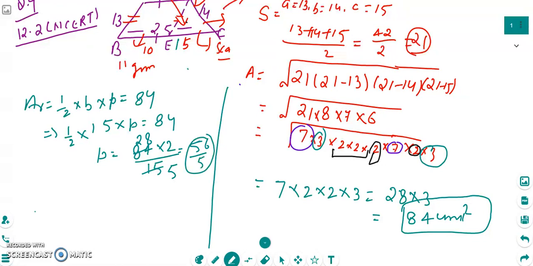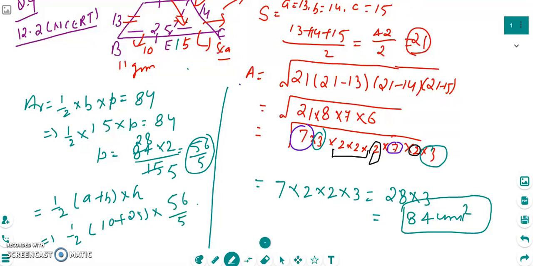Now you can use this height to find the area of the trapezium, that is 1/2 times the sum of the parallel sides, that is (a + b) times height. So 1/2 times the parallel sides, 10 plus 25, and the height is 56 by 5.